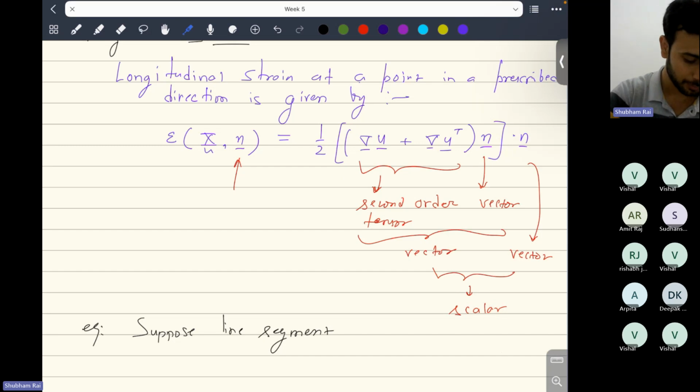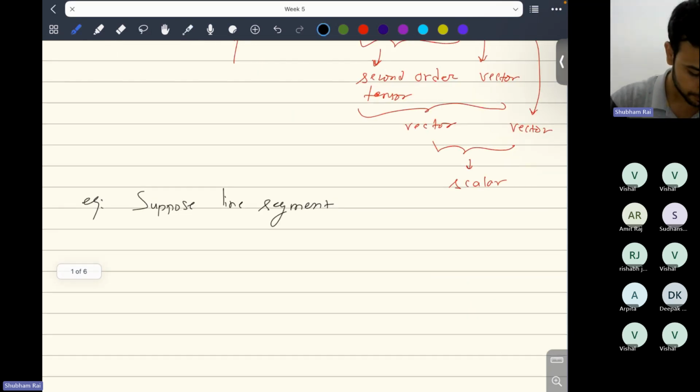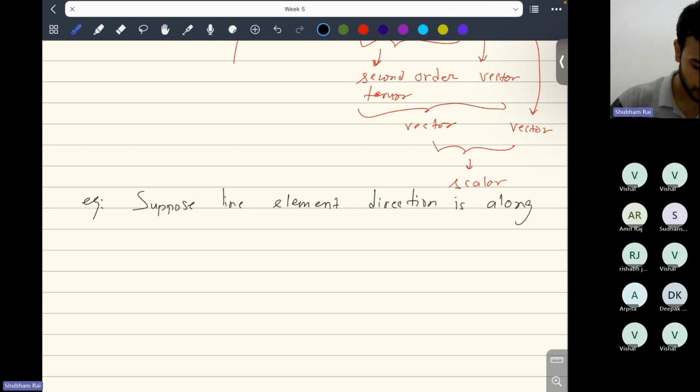Now I was giving one example. Suppose the line element direction is along E1, right?